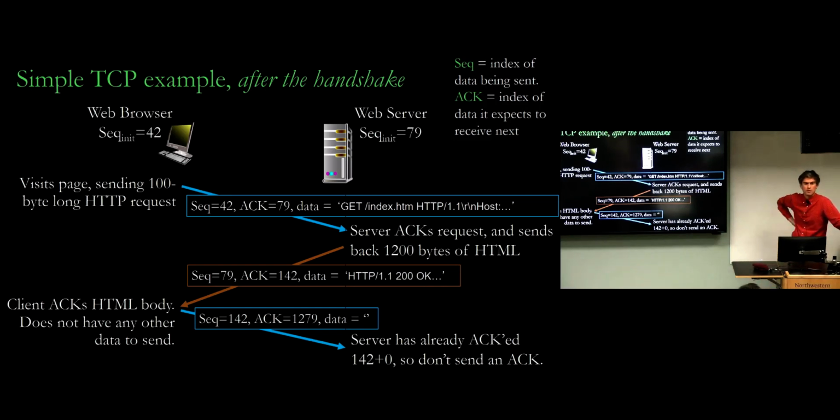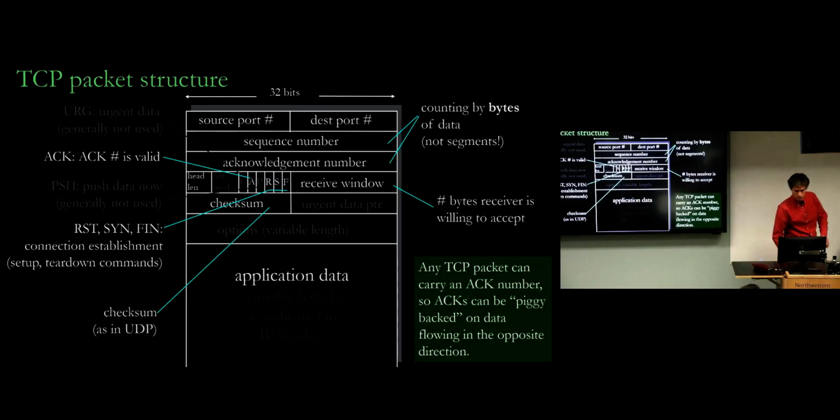Yes? I guess building on that, if the sender were to send more data, that would not have a sequence number 142. It would be something bigger because it already sent this last packet. I think that actually the sequence number that is used indicates where the beginning of your data fits in. So it'd still be 142. Like you notice that this one starts off with 42, which was the initial sequence number, and in here there's also a length field.